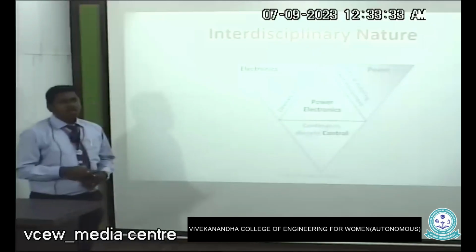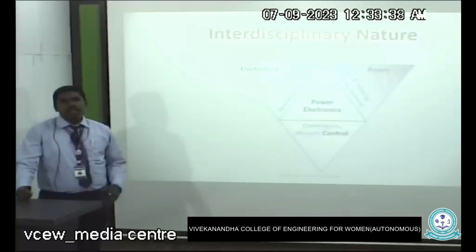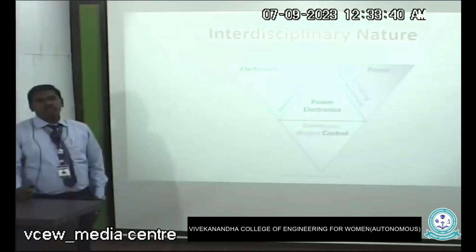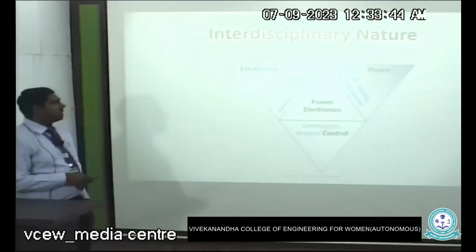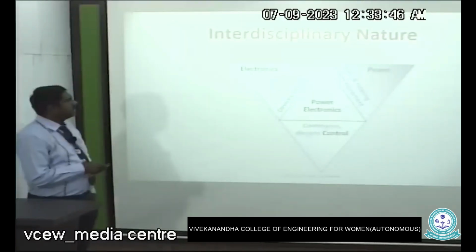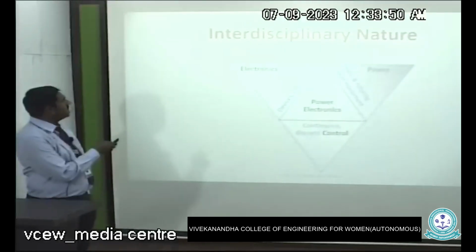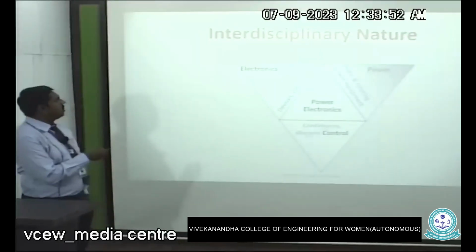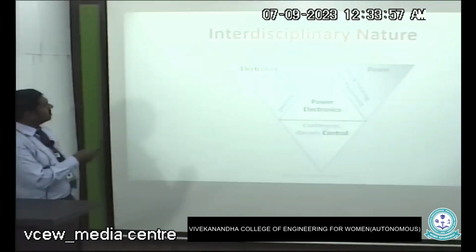Then next, why do we go for power electronics, and where can we use these power electronics components? Power electronics components are used in all kinds of disciplines. This is a representation of the interdisciplinary nature, which we classify into three divisions: electronics, control and power.